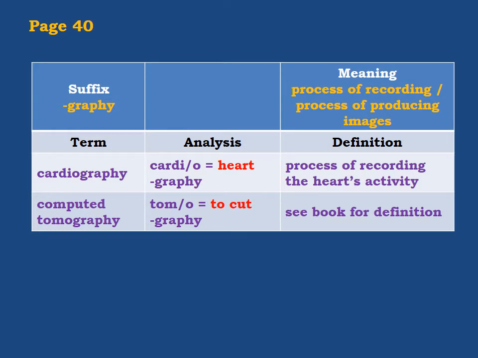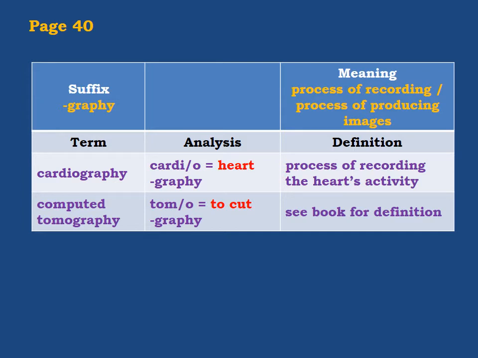What is the meaning of a gram? It is the written record or the X-ray image. Graph is the machine, the instrument that is used to produce the image or written record. And here, graphy, it is the process of producing the record or image.